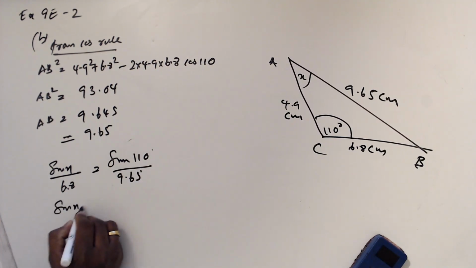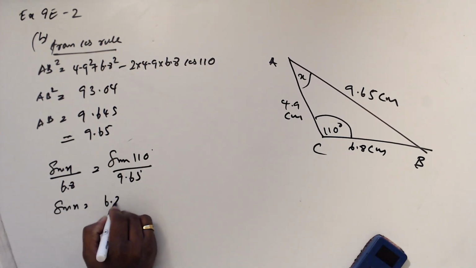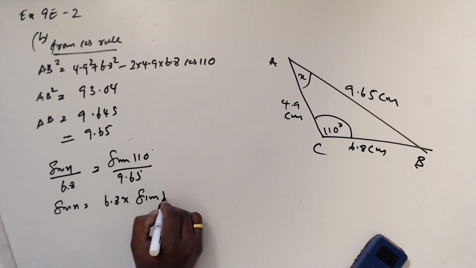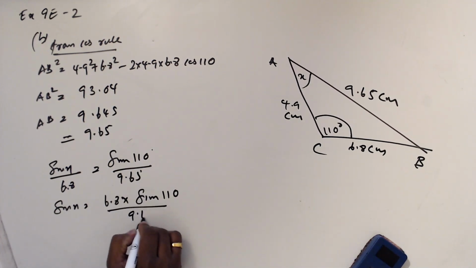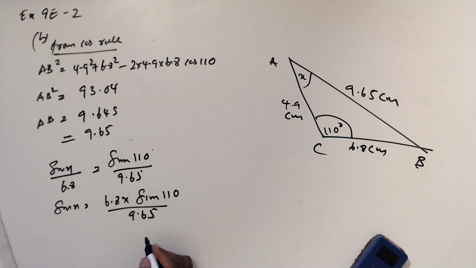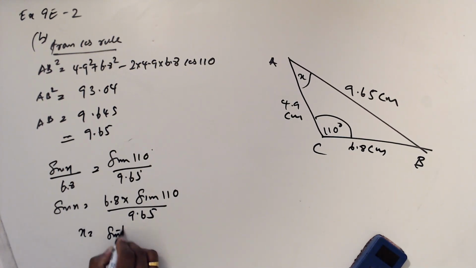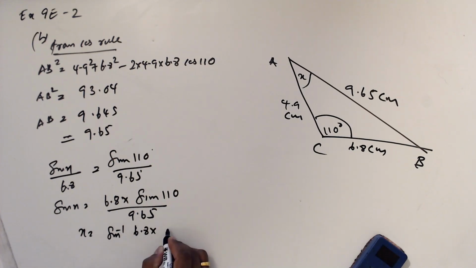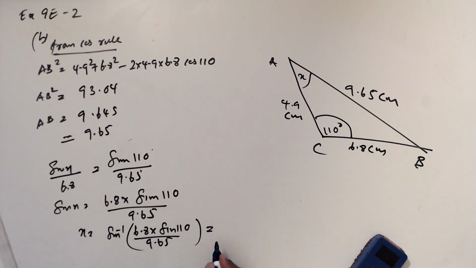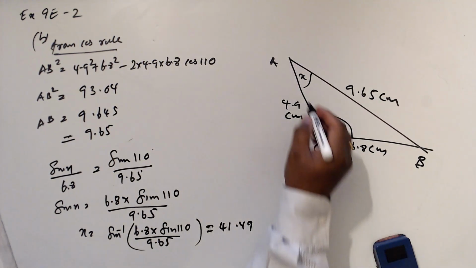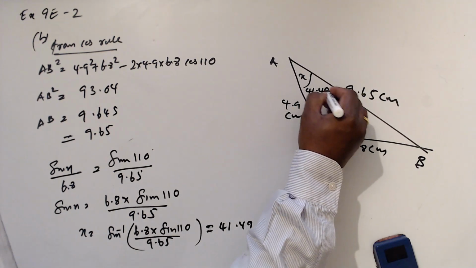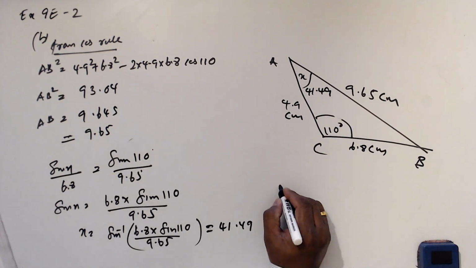So sine x equals 6.8 times sine 110 over 9.65. So x equals sine inverse of 6.8 sine 110 over 9.65. So this is going to be 41.49. So this value is 41.49.